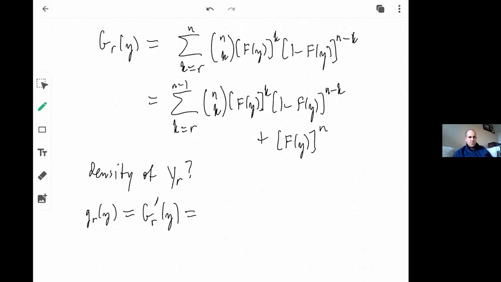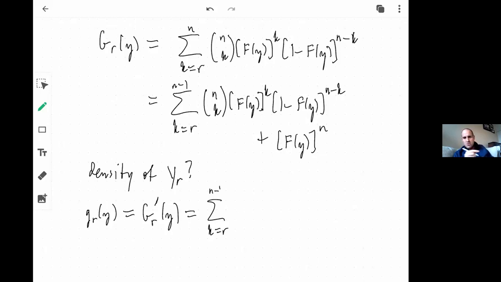So what do we get? It's going to be the sum, k equal r to n minus 1. Each one of these summands, I'm going to take the derivative of the first times the second plus the first times the derivative of the second. And n choose k is just a constant sitting there.